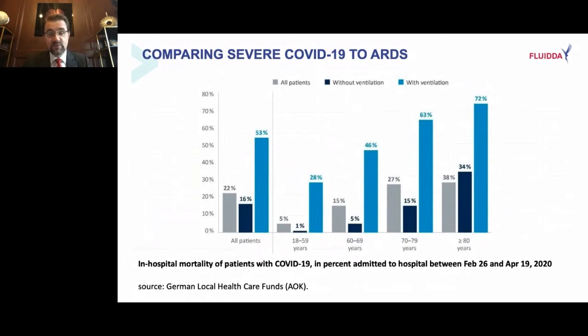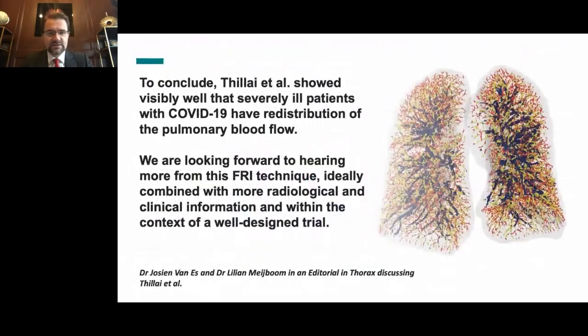And we believe that's likely why, especially in the first wave, we saw very high levels of mortality, especially in the elderly populations that were intubated, 60-70% mortality figures, which is extraordinarily high. We published this, and there was an editorial written about this paper saying, to conclude, Tillai et al. showed visibly well that severely ill patients with COVID-19 have redistribution of the pulmonary blood flow.